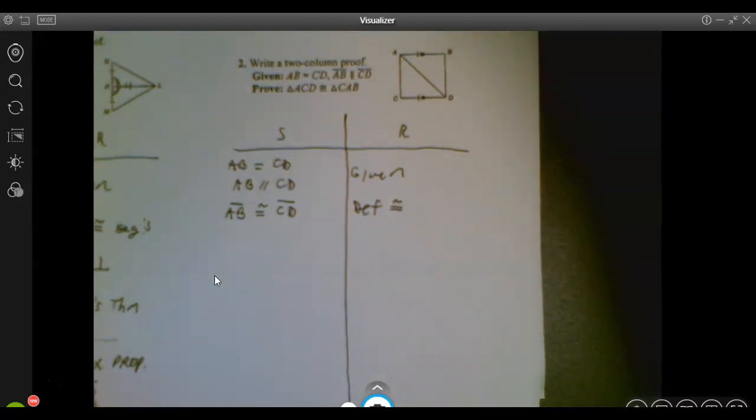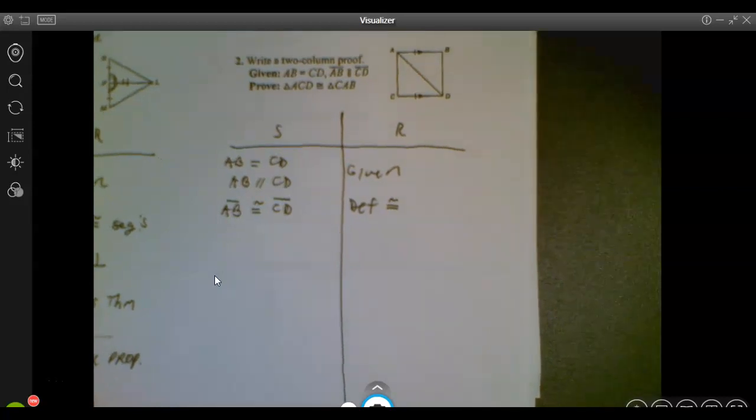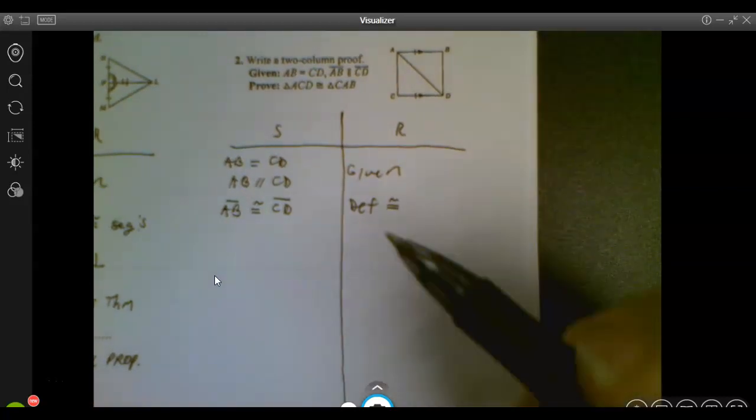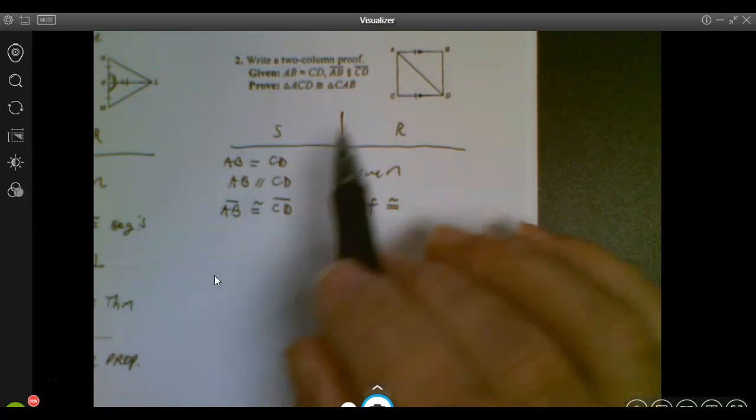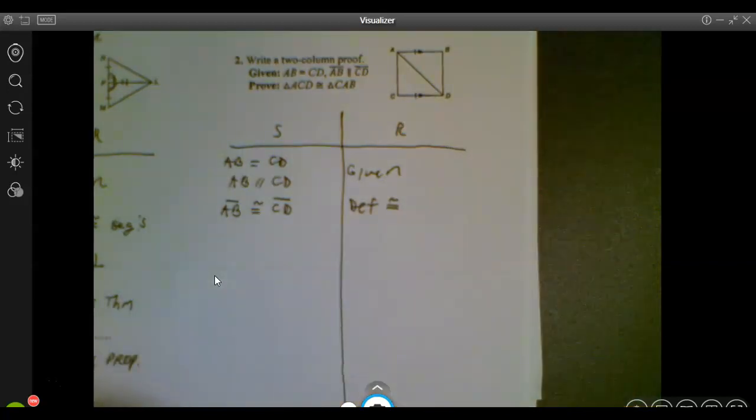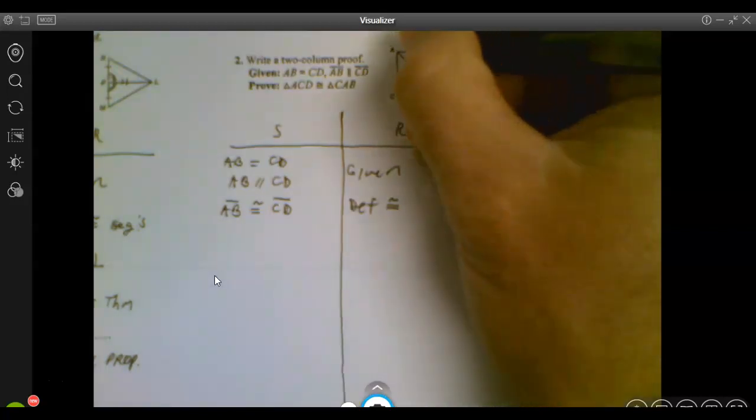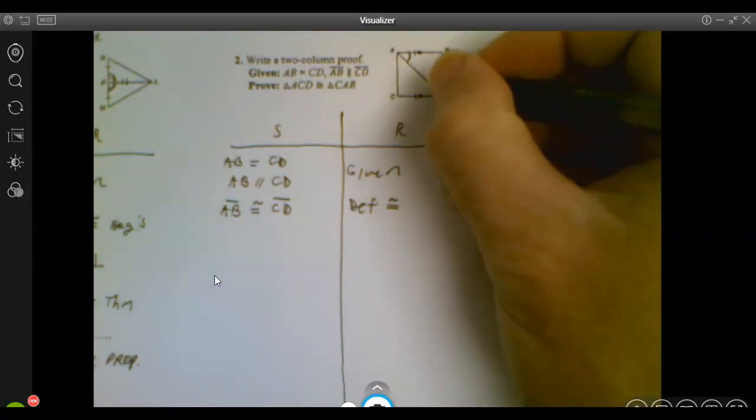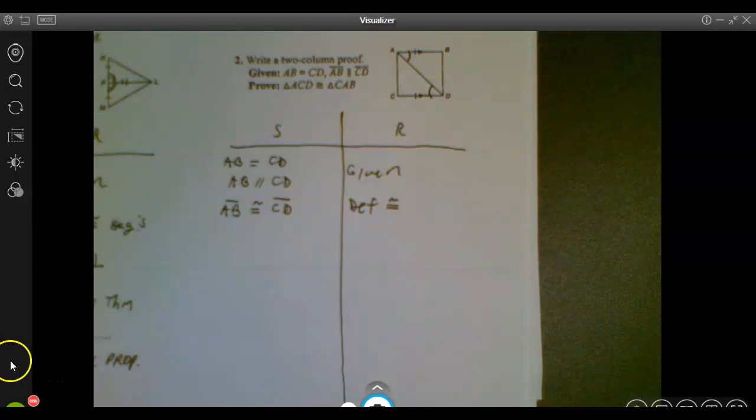So what more can we get from our given information? Well, this one's sort of a combination of the given information as well as looking at the diagram. But as I look at this, if AB is parallel to CD, that's going to make alternate interior angles congruent.